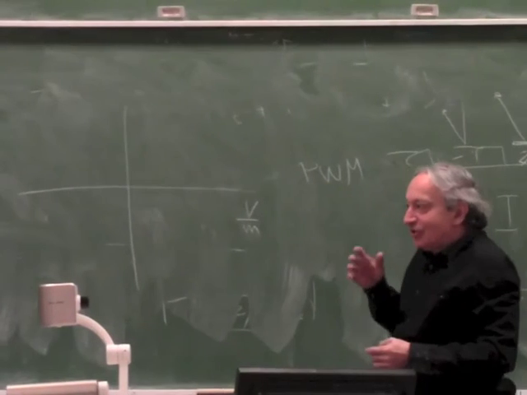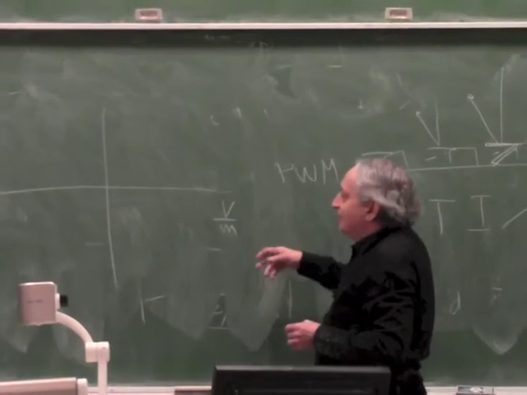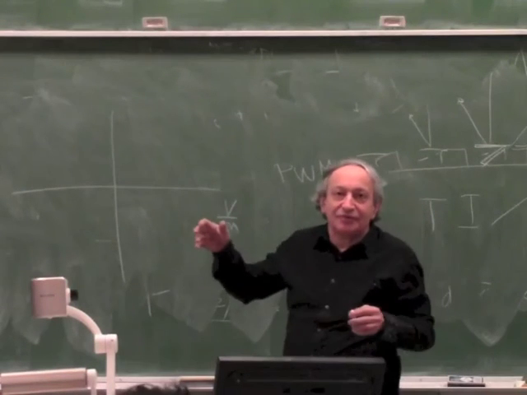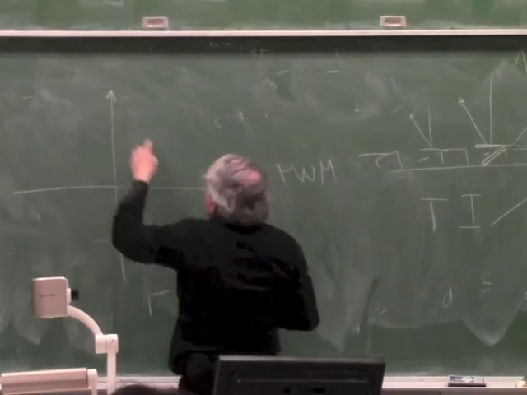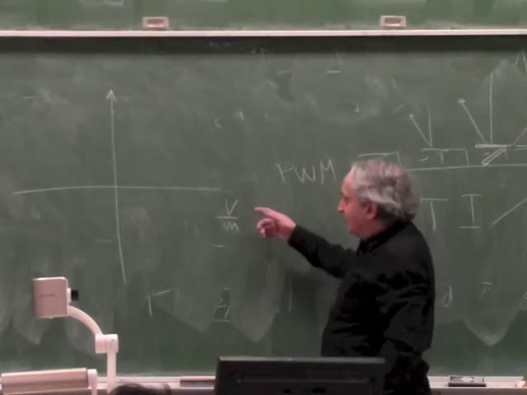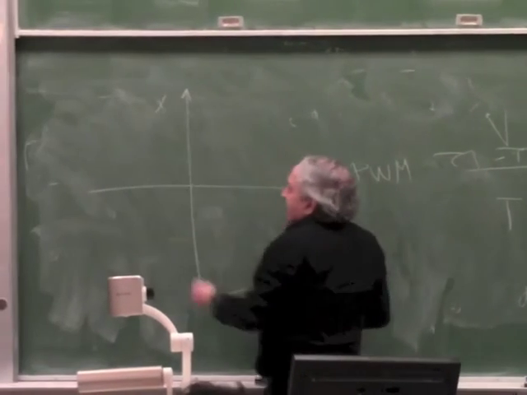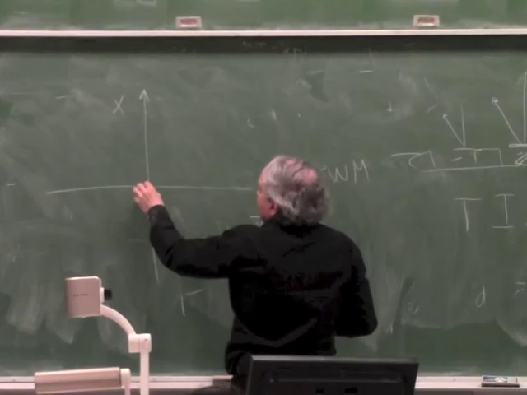It's not the voltage which makes it move, it's the electric field. So V over M is equivalent to Ni. When I showed the hysteresis curve for magnetics, this axis was B and this was H. In piezo, this axis is V over M, which is electric field, and this is X, how much it moves. So it turns out it goes exactly the same.